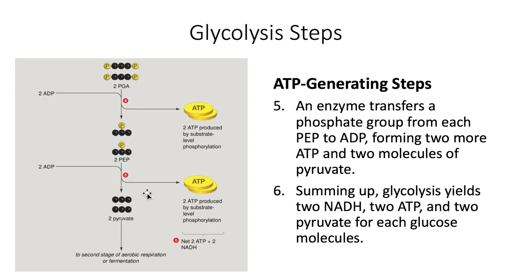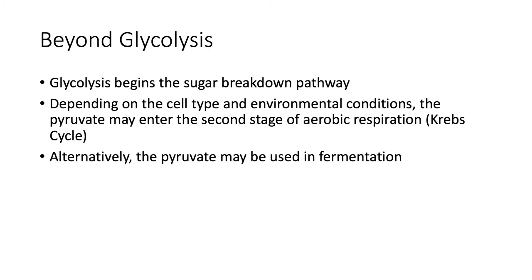So this is our glycolysis process. Again, we made 2 NADH, 2 ATP, and 2 pyruvates, and we are more or less ready for the next step of cellular respiration, which we can go to if oxygen is available, and that step is going to be the Krebs cycle.